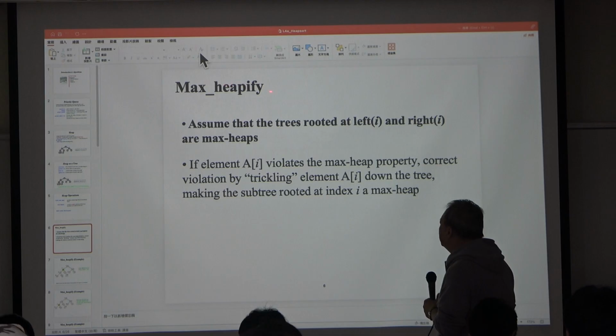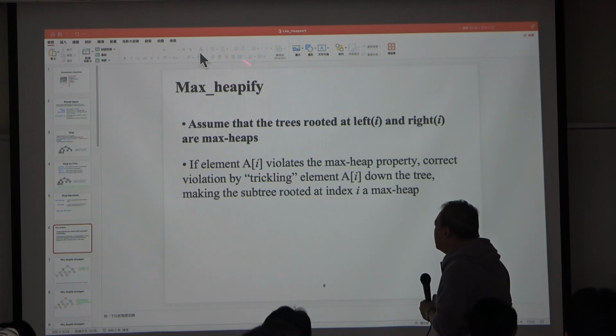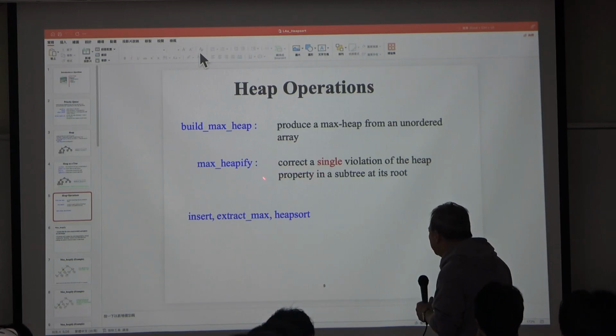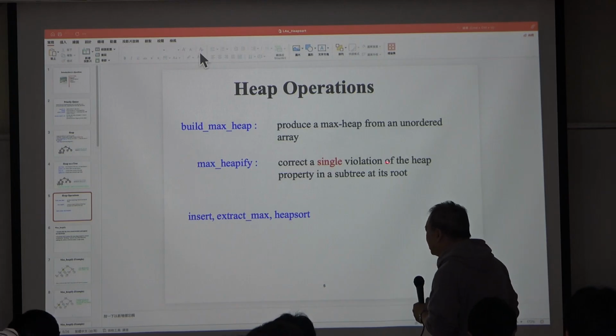Max Heapify. Remember what max Heapify is. It's for when the only violation of the heap property in a subtree is at its root. So we need to do something about it to correct it.